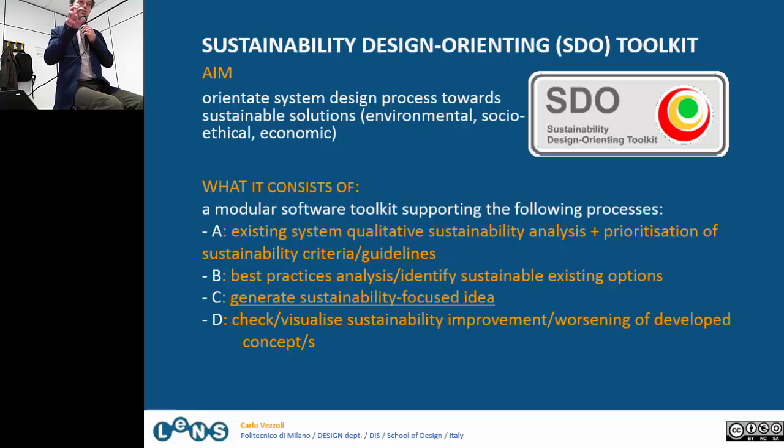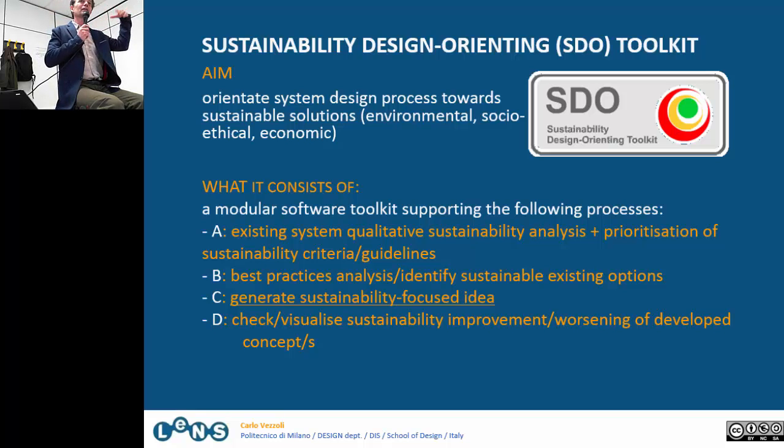And then finally, to check the concept that you developed thus far in your design process in relation to environmental and socio-ethical sustainability. So how is the concept going? Actually, you developed it and you hope that it's performing well, but it's good many times to make a check before going on, because you may discover that something is not really going in the direction that you want.